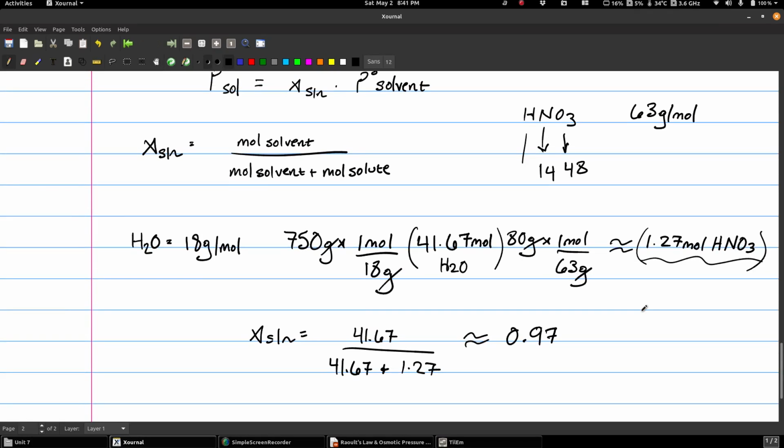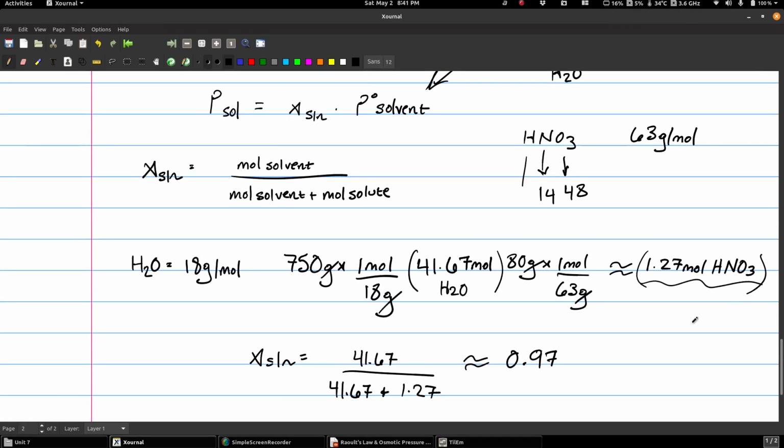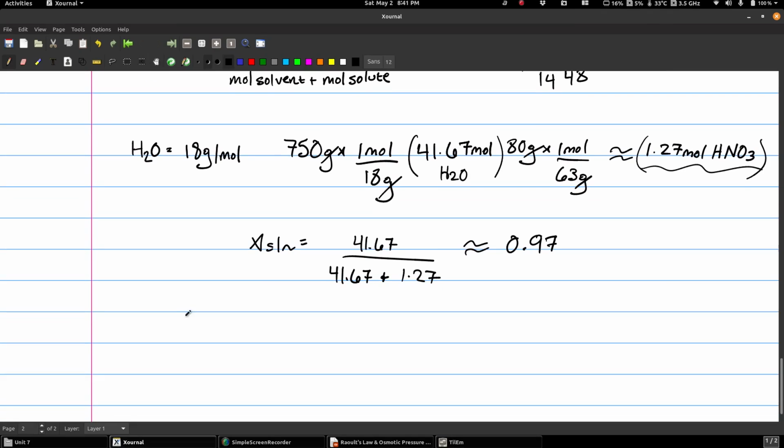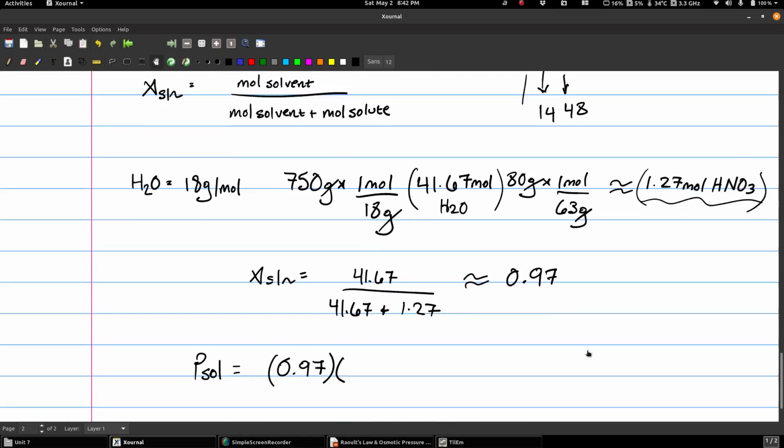Alright, so we have everything that we need to plug into this equation and figure out what our pressure is going to be with the nitric acid, or the vapor pressure. So P solution is equal to 0.997 times 26.7.